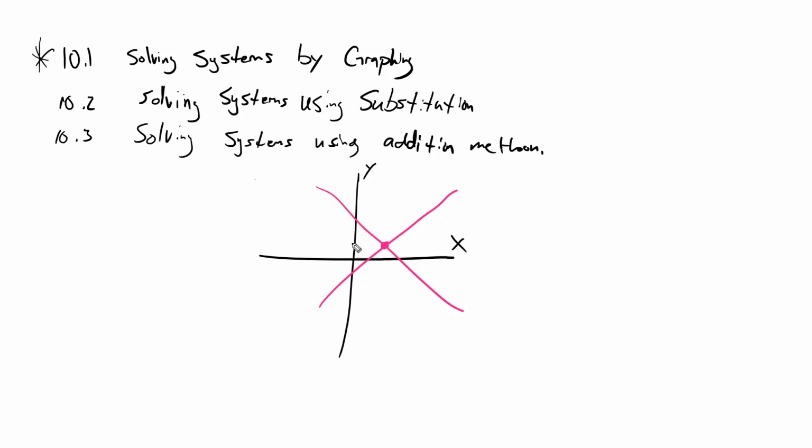So let's say this is 1, 2, 1, 2, 3, 4. So that intersection is at 4, 2. And that's your solution. That's the idea, is we want to see where, if we graph 2 lines, where they intersect. Okay. And that's what we're going to be doing.